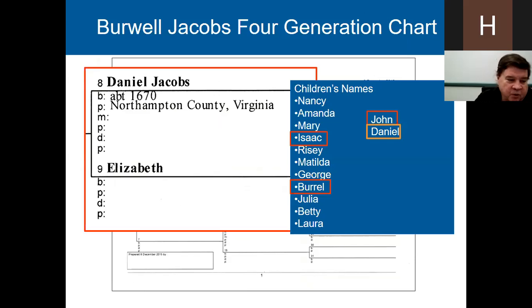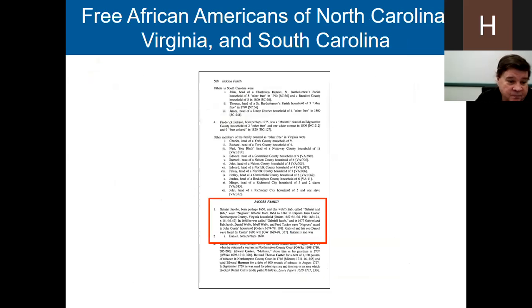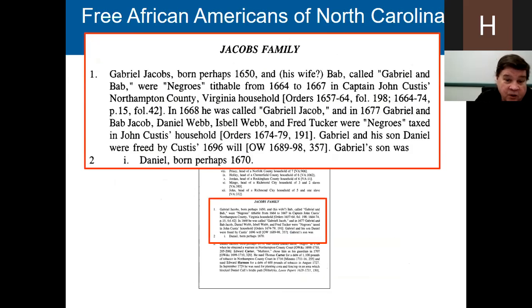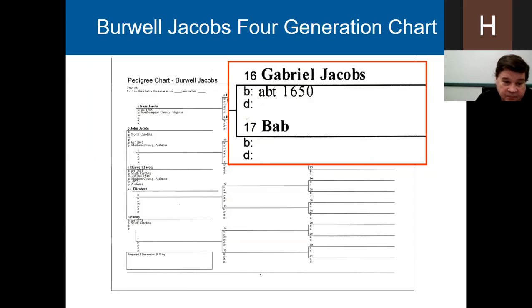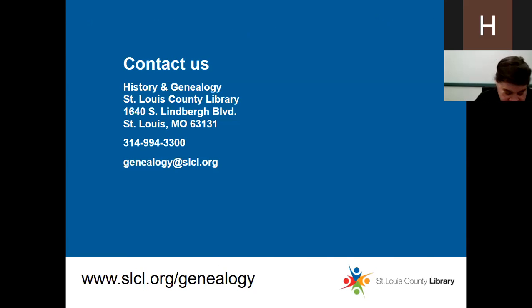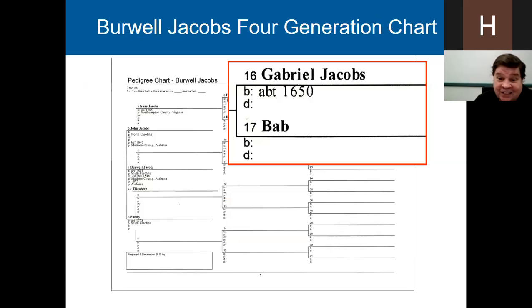Well, if we look for more information about Daniel, we can finally work up to this and determine that he was the son, born about 1670, of Gabriel and his wife Bap. So we've taken this family back into the 1600s by being a little bit curious and by digging in through some of these more obscure records.